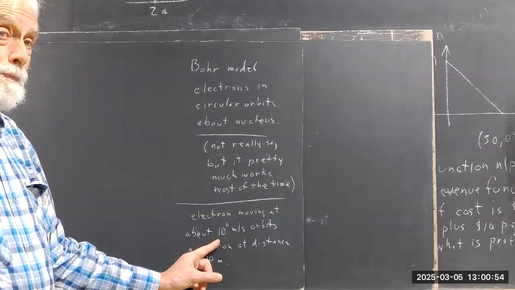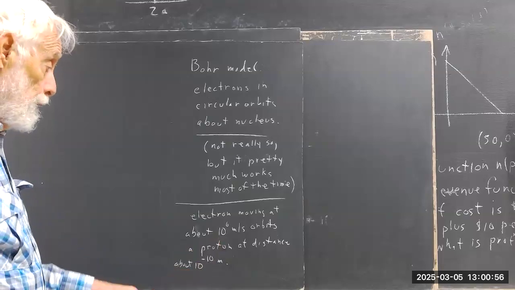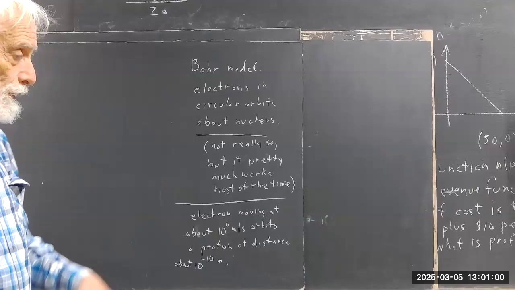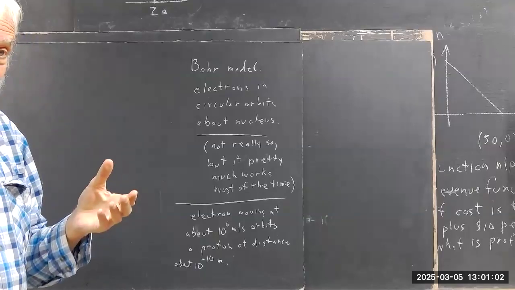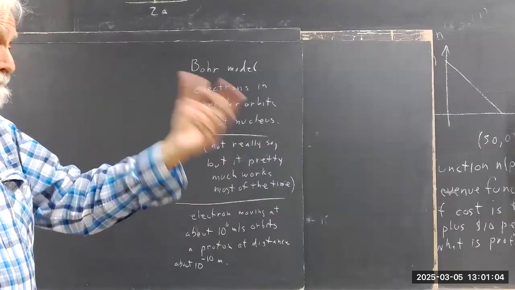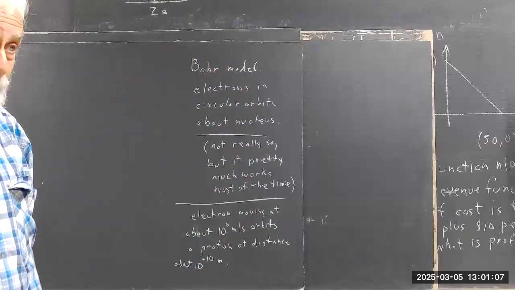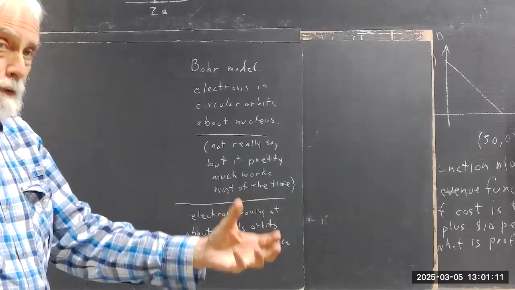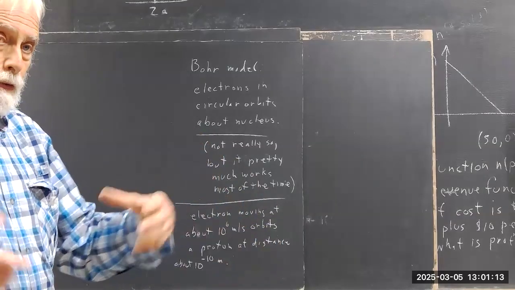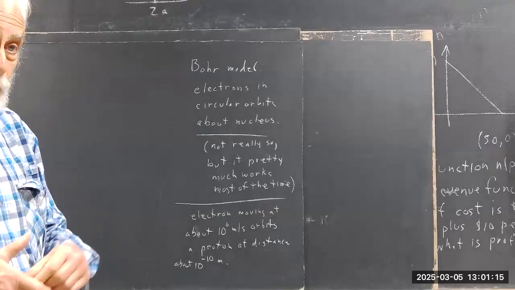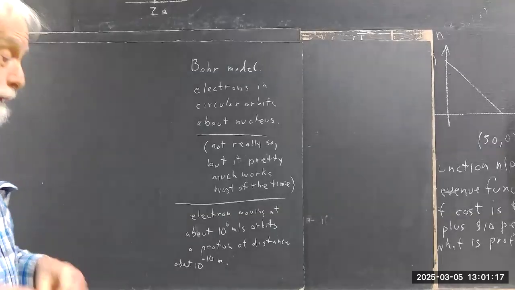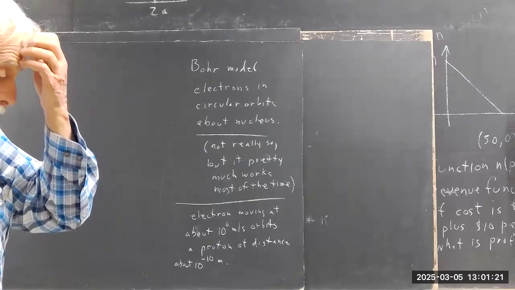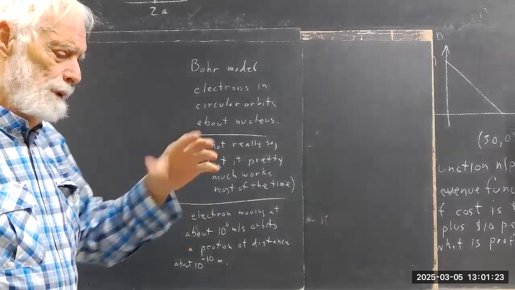And if I give you the distance, 0.529 angstroms, or 5.29 times 10 to the negative 11th meters, it's just like figuring the orbital speed of a satellite. Same principle completely. It's just that you've got Coulomb's law rather than universal gravitation exerting the force. Okay? So you can easily figure this out, but it's something on the order of 10 to the 6 meters per second, maybe a few times.